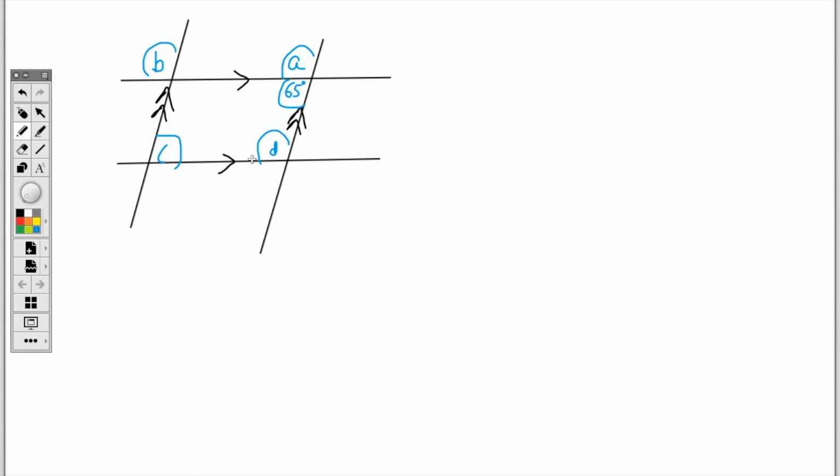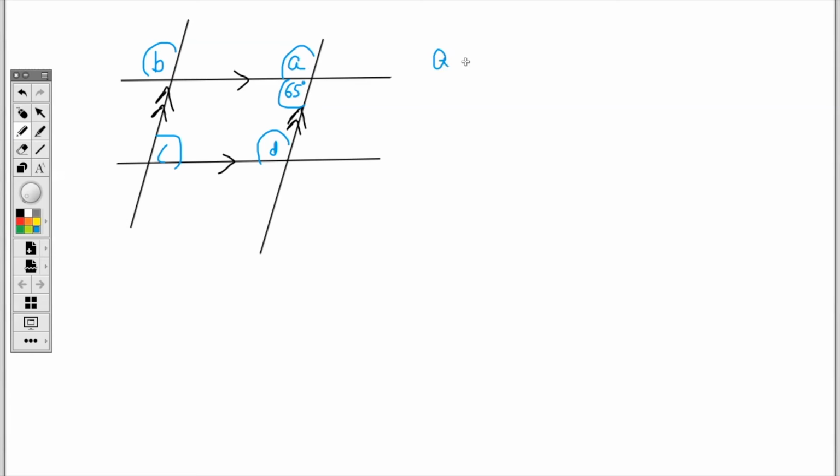Now, for the parallel lines, you can see these two lines are parallel, and this line can act as a transversal line. So we can say that if this is 65, to get the other one, which is angle A, I will have to subtract it from 180. Angles on a straight line add to give me 180. So 65 plus A will give us 180 degrees.